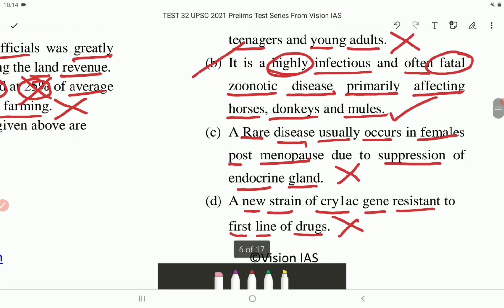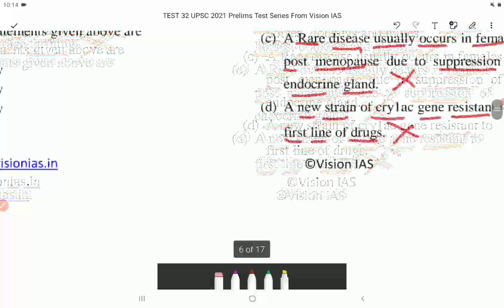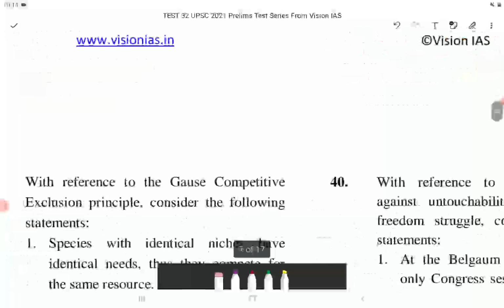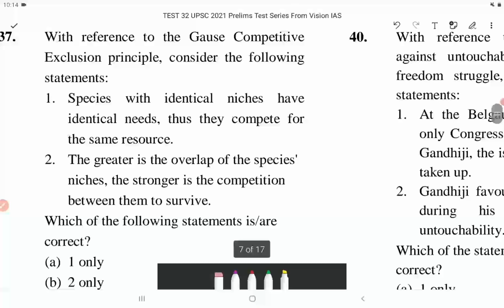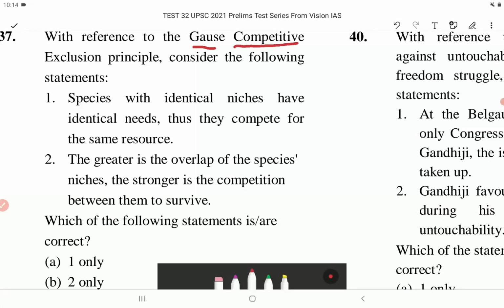Now let's come to the next question, that is question number 37. With reference to the Gause competitive exclusion principle, consider the following statements. Statement 1. Species with identical niches have identical needs. Thus, they compete for the same resources.